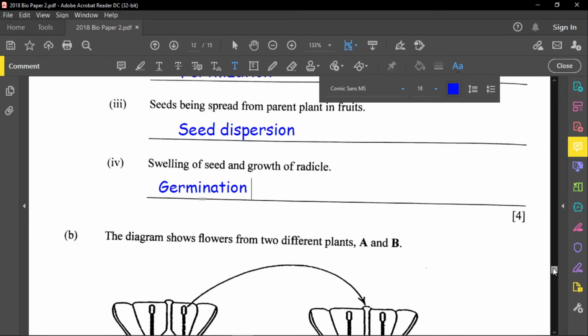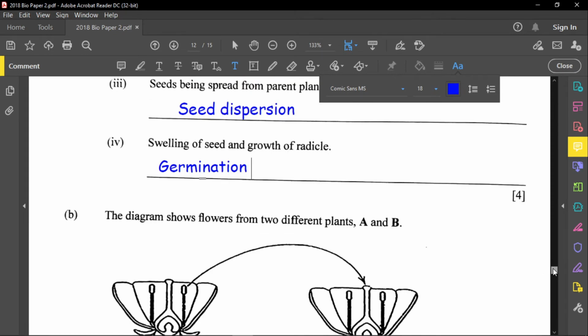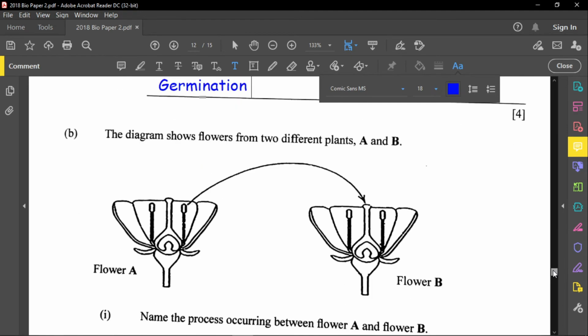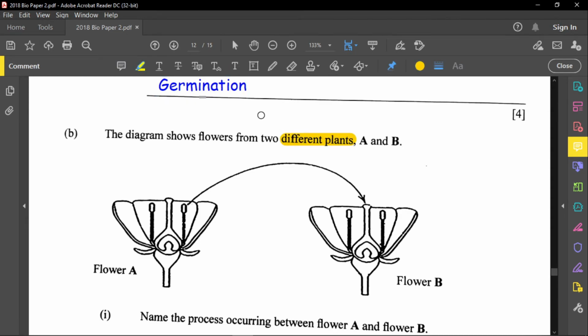All right, so part B now. The diagram shows flowers from 2 different plants, A and B. I like the word they put here, different plants. So why different plants? Of course, you know they're the same species because they look exactly alike, right? But just 2 different flowers, 2 different plants.